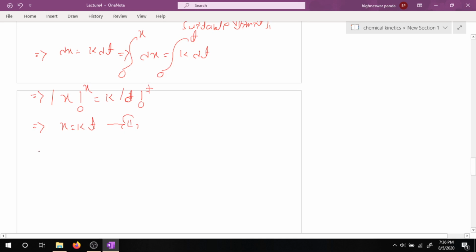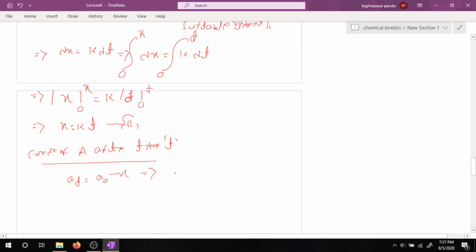So the concentration of A after time t, we have At is equal to A naught minus x.